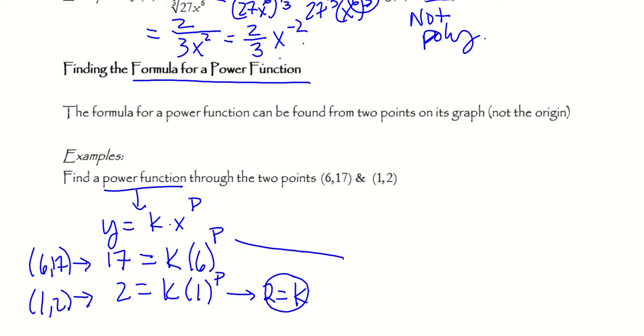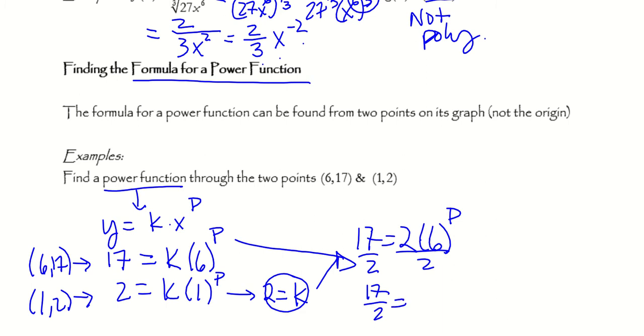If I now take this along with my first equation, then I get 17 equals 2, which I now know is k, times 6 to the p. If I divide both sides by 2, I get 17 halves equals 6 to the p. Trying to solve for that exponential equation, we're going to take the ln of both sides.